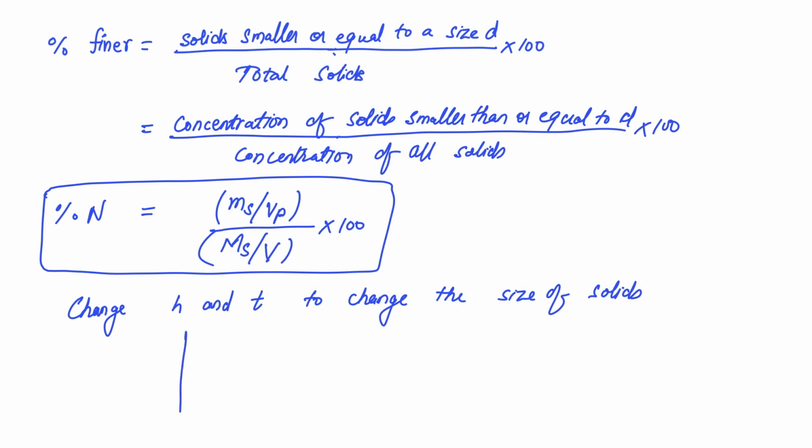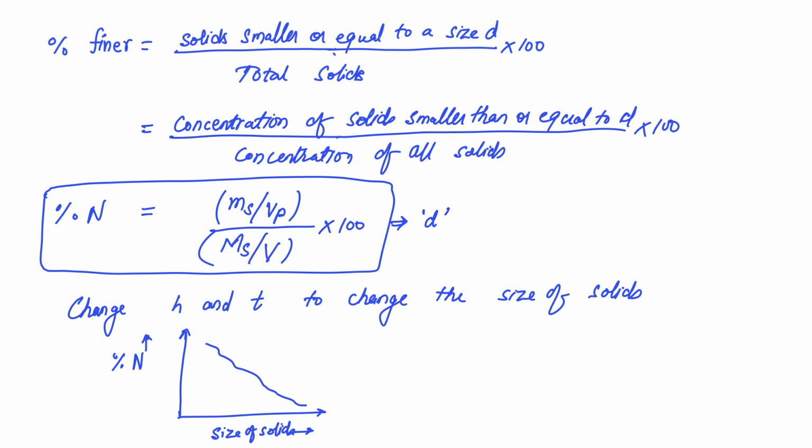As you get the percentage finer for different sizes, you plot the size of solids on the x-axis and the percentage finer on the y-axis. Hence you can easily plot the particle size distribution curve for a particular soil.